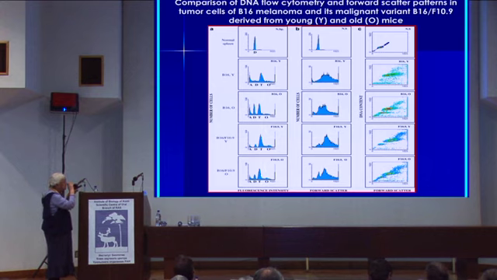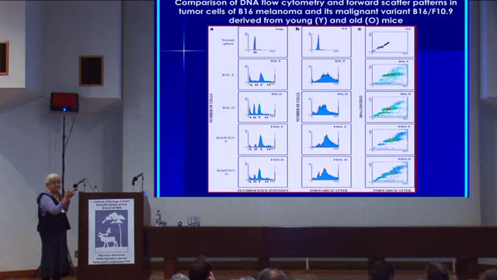So it suggests that these cells are smaller in old than in young mice.